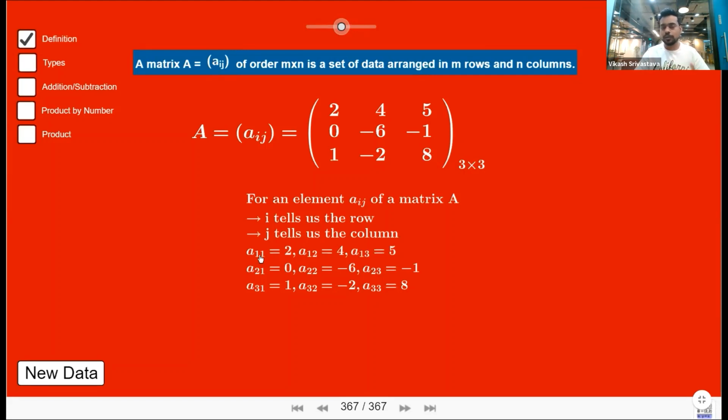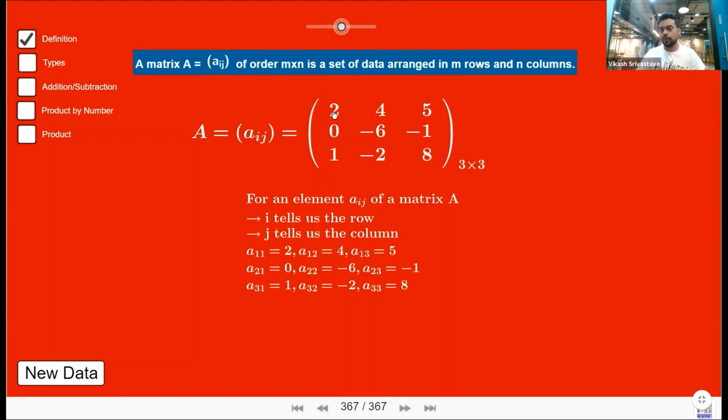You don't have to say that A00 is 2. We'll be using the normal natural number sequence whenever we want to refer to a particular element in the matrix. So A11 is 2 because 2 is sitting in the first row and the first column.